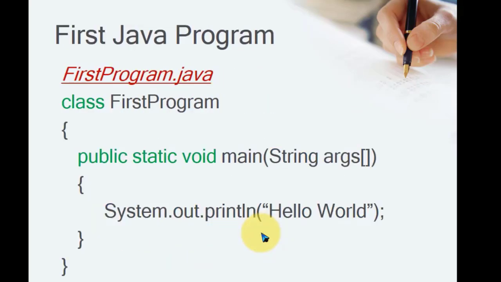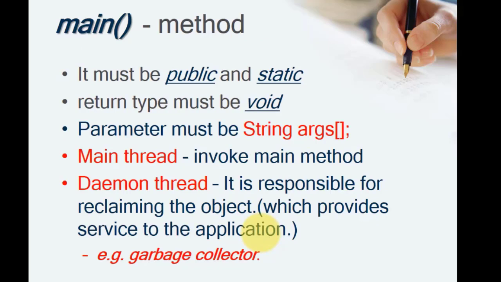Now we just look at the main. What is main? It must be public and static. Return type must be void. Parameter must be String args because it is an inbuilt main function. Main thread invokes the main function. For every program, the entry point for a desktop level application is the main function.